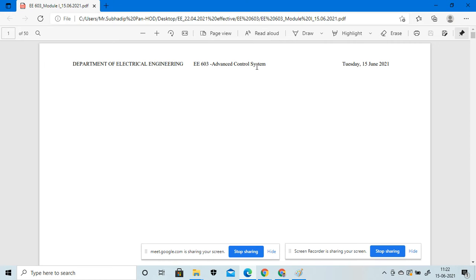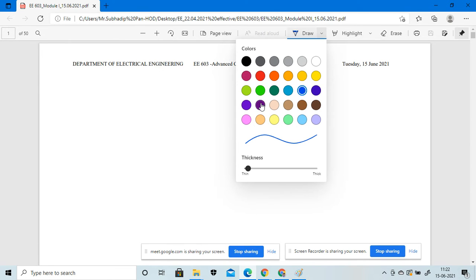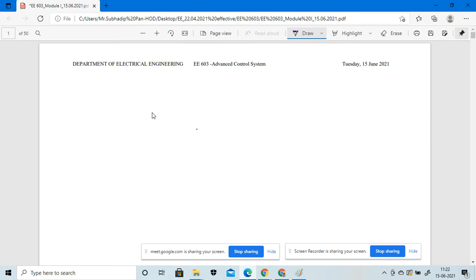Now we can draw these things. If I consider the output voltage, in that case it can be given as V0.